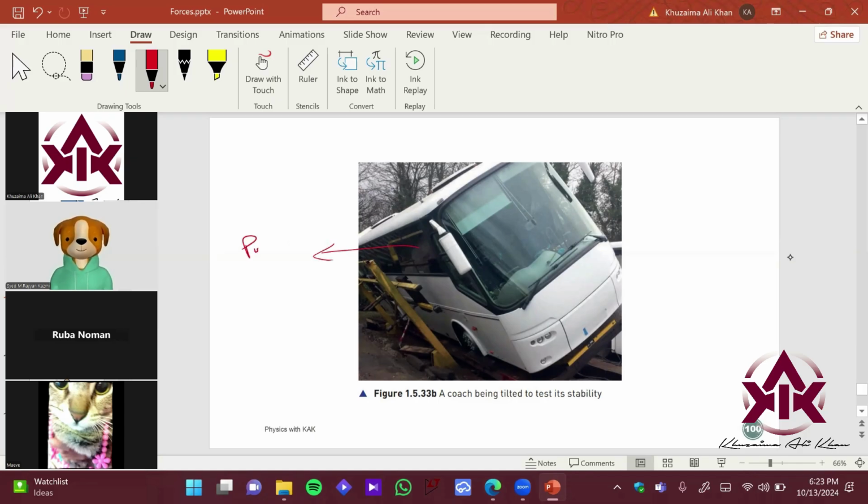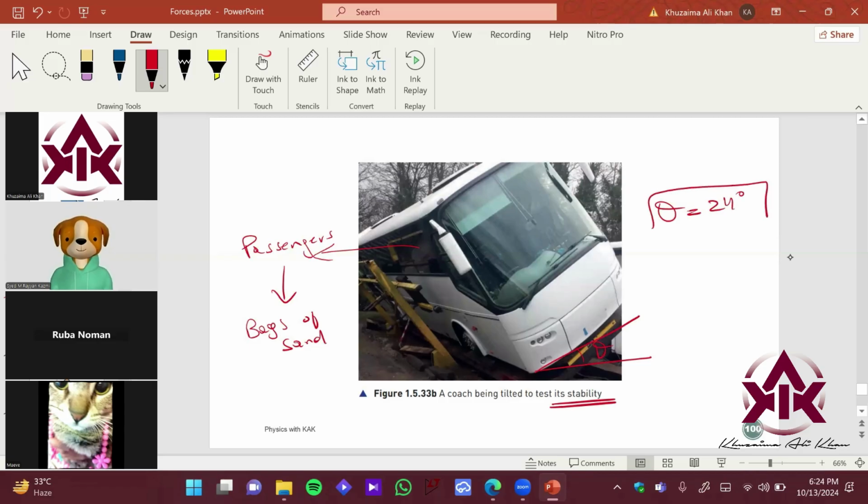For simulating that there are passengers inside the coach, they have put bags of sand, just to assume that there are people inside, and they're tilting it by a particular angle, which you can see here. So they're trying to find its stability. Let's say the designer said the angle at which it can regain its stability is 24 degrees.